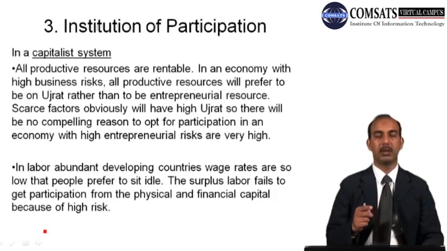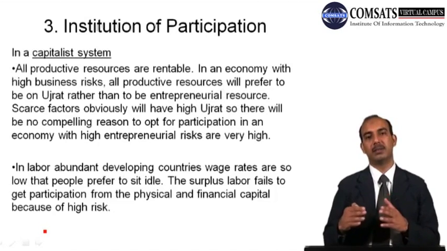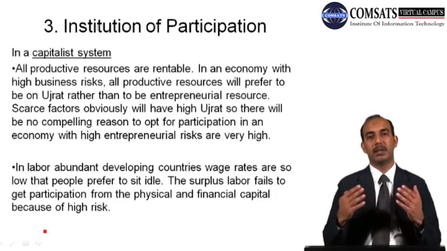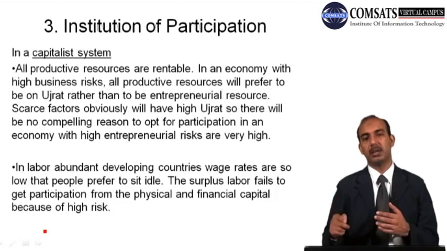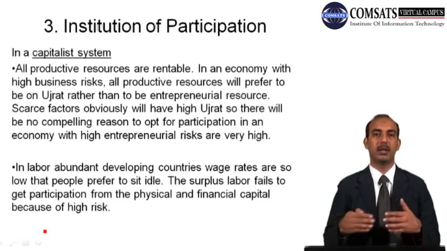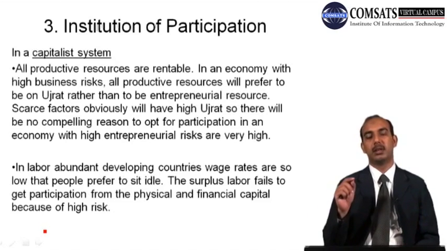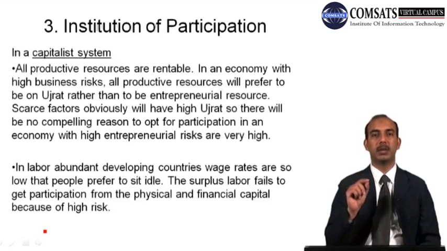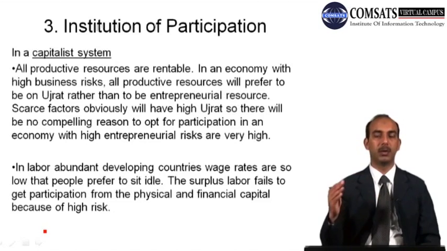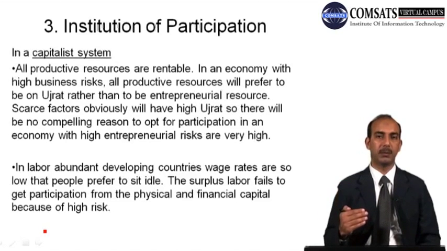And at the same time, when the ujrat or the rent is very high, then there is no compelling reason for the factors to become an entrepreneurial factor. They can earn a very high reward or high ujrat from the economy, so the entrepreneurial factors will be limited in the economy. So when the entrepreneurial activities are limited in the economy, there will be fewer jobs for the unemployed people in the economy.